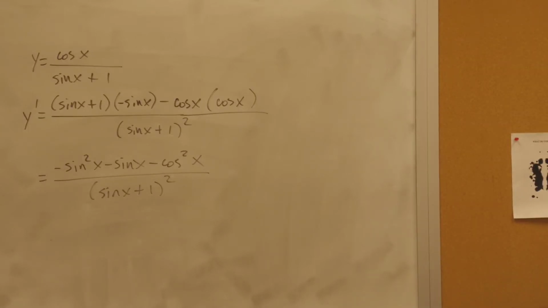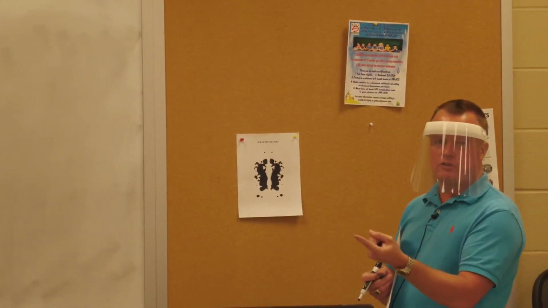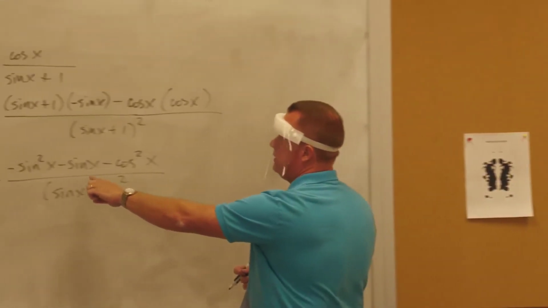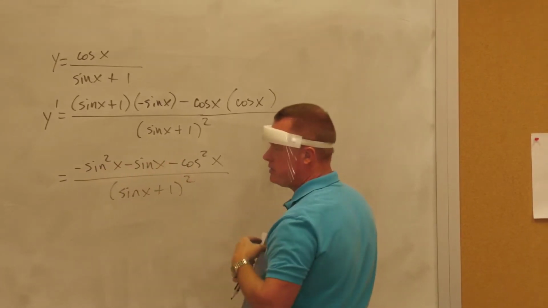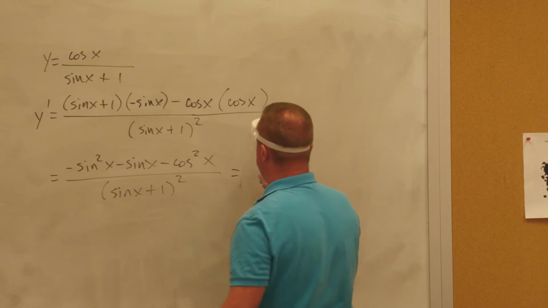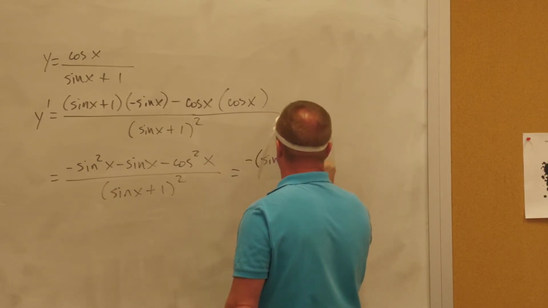Remember the Pythagorean identity with sine and cosine: sine squared plus cosine squared equals 1. I have that right here. It's negative since the signs are the same. So you can take those two and factor out a negative, and that gives you this.